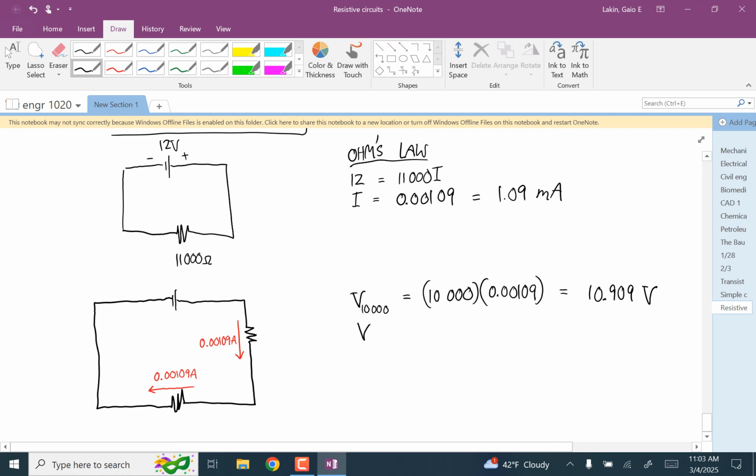And the voltage across the 1,000 ohm resistor is the resistance of 1,000 times the current, which is 1.091, if you round it, volts.